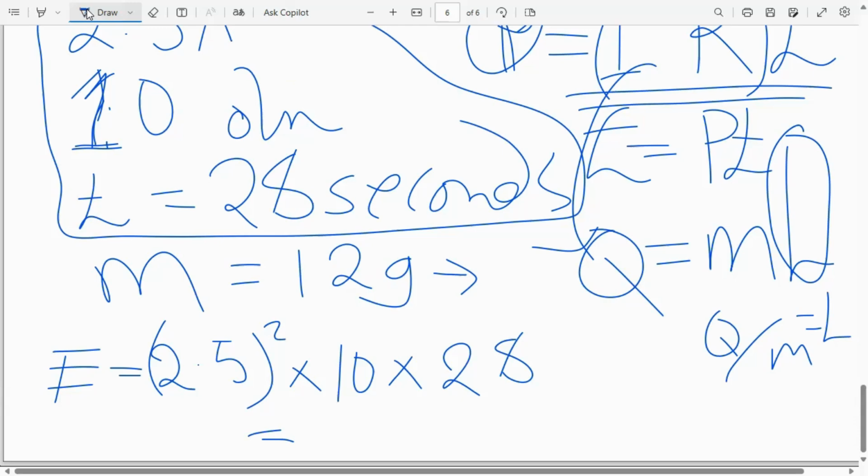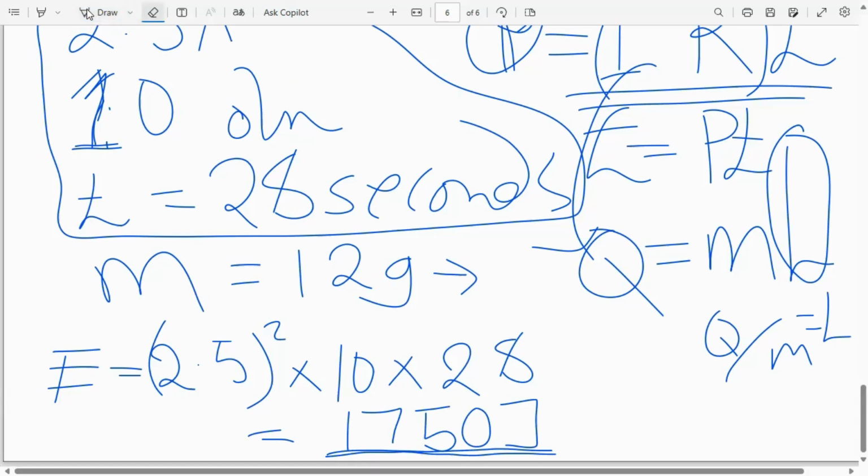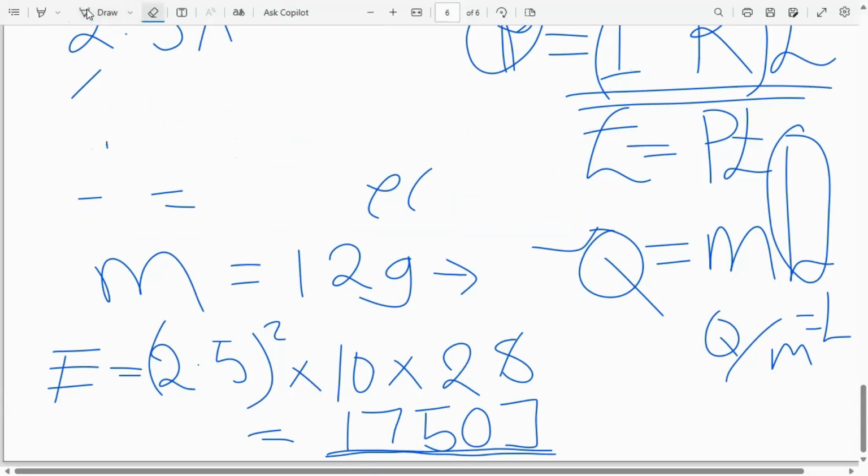Okay, so I'm getting 1750 joules as the energy. So if this is now the energy that is required, we can now go into our other formula and replace.